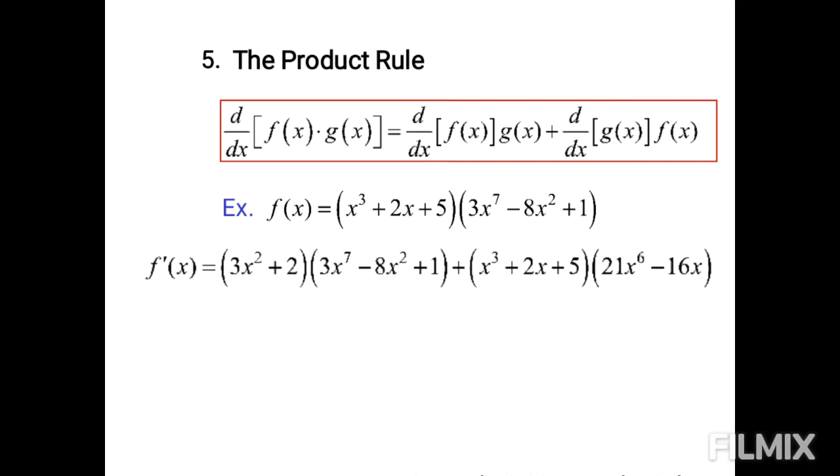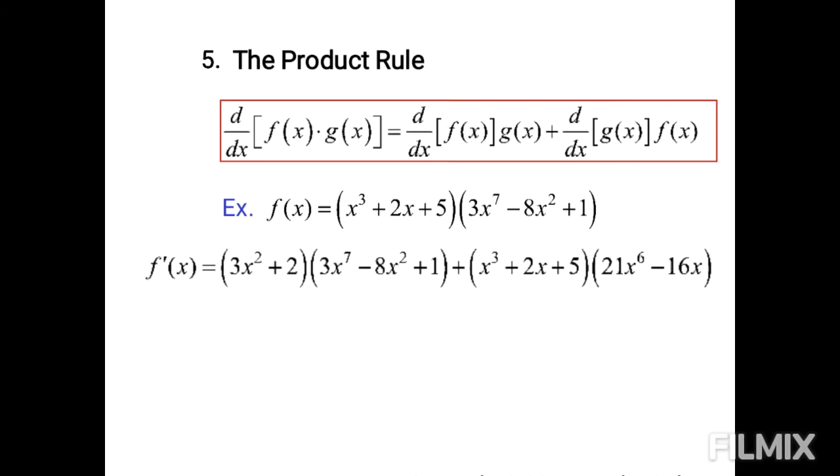So for the derivative of x, since we have 1 as our exponent for x, it will be 1, and then multiplied by 2, we have 2. Since we have 5 as our third term, the derivative for this will be 0.